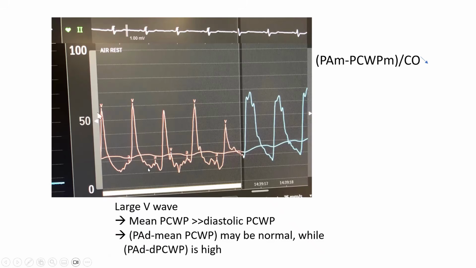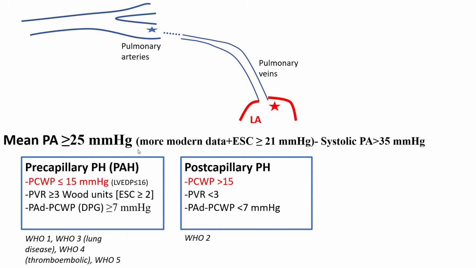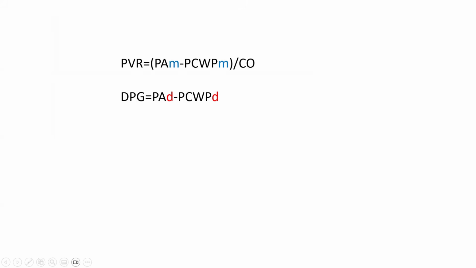But their DPG is low. That's why we go by PVR, but DPG, if properly calculated, may be used in my opinion. And here, remember, the PVR equation uses the difference between mean PA pressure and mean wedge pressure, whereas the DPG uses the difference between diastolic PA pressure and diastolic wedge pressure.